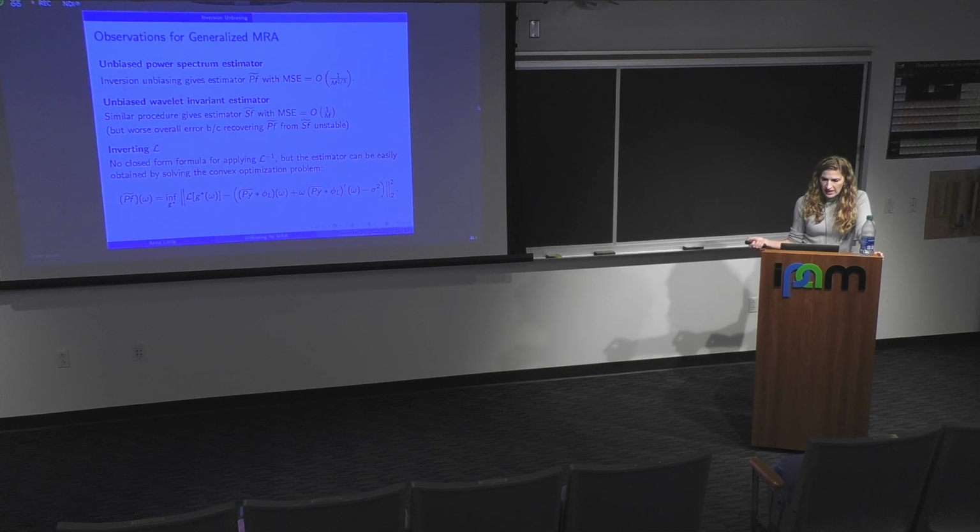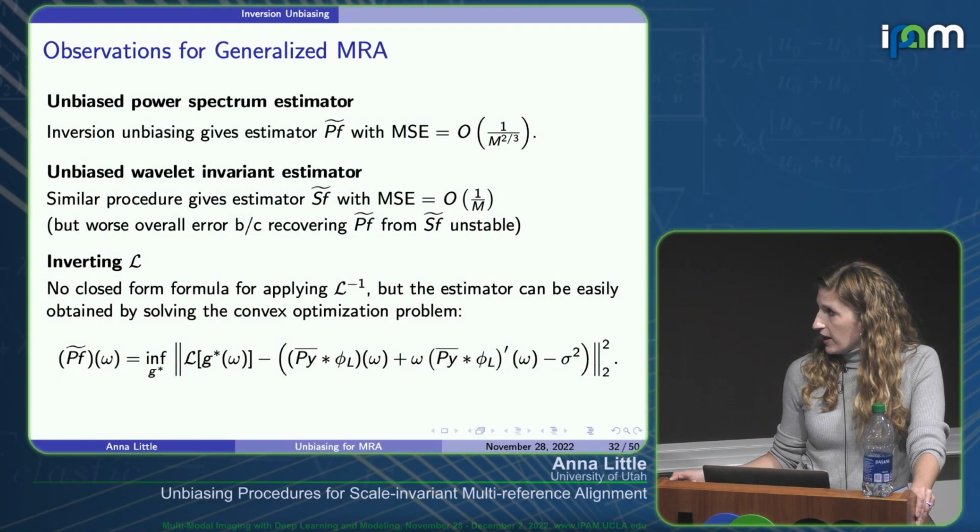In terms of actually applying that operator and inverting L, you don't have a closed form formula for the inverse, but it's pretty easy to do this part numerically. This estimator can be easily obtained by solving a convex optimization problem where we're basically trying to match.